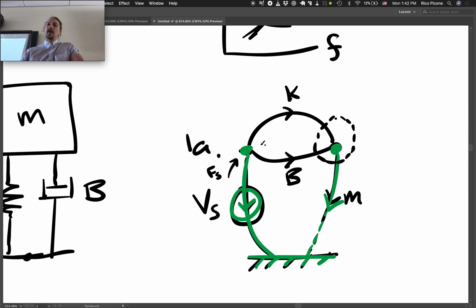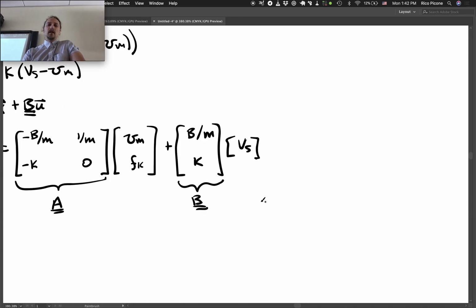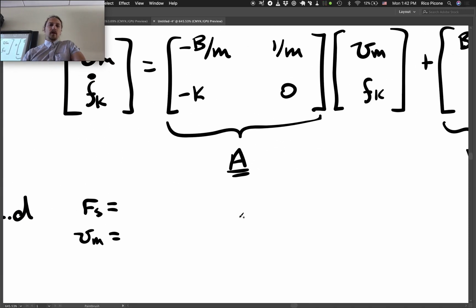Okay? So if we were to look at a contour here, we would see that Fs goes into this contour or node, and Fk and Fb go out. So Fs has to equal the sum of those two, right? Fs has to equal Fk plus Fb. Which makes sense, right?